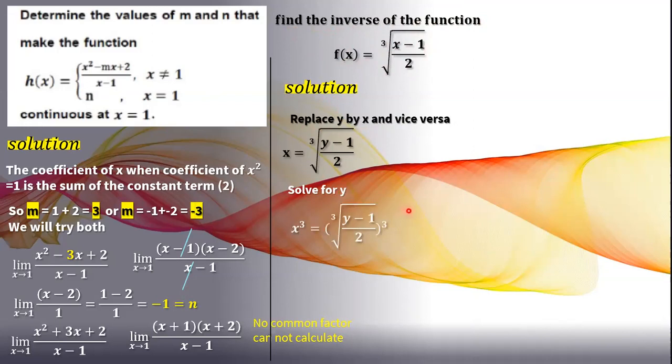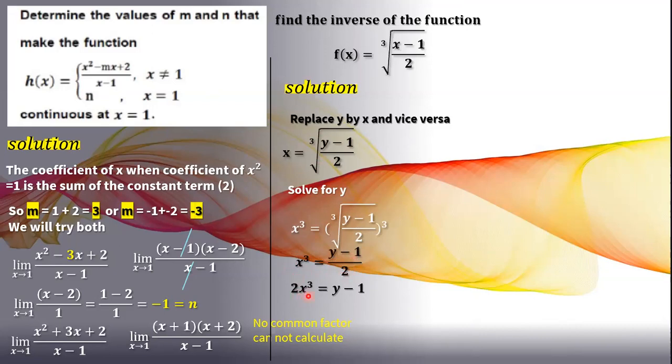The new y is the inverse function. To get rid of this root, we have to take the power 3. So we will get x cubed equals y minus 1 over 2. So we will multiply by 2 both sides to get rid of this number.